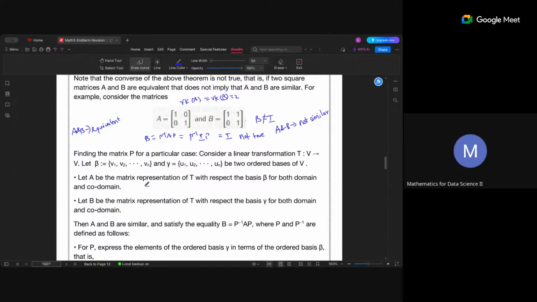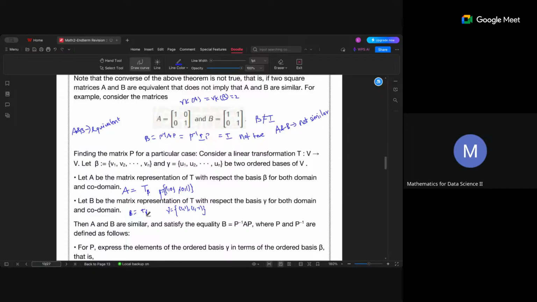See, A is the matrix representation of T, where the basis you are considering for the domain and codomain is both beta. For example, suppose you are considering (1, 0), (0, 1) for both domain and codomain. Then you say that matrix is A. Let's call this beta, and let's say you have another basis gamma, which is (1, 1) and (1, -1). Now your B is the matrix of T with respect to gamma.